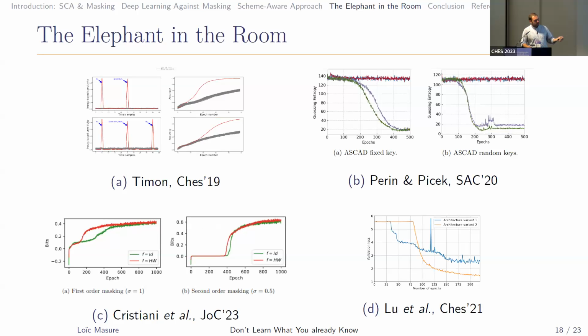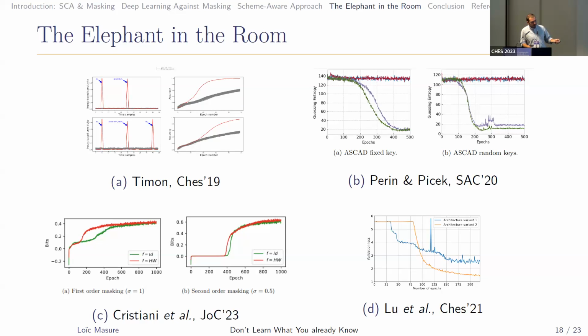So why? Well, let me show you some examples from the recent literature. You have here an extract from the nice paper of Timo at CHES 19, where he targets some first order leakage and here some second order. And what you can observe is that you have here a plateau, depending on the number of iterations on the x-axis, and a slightly longer plateau for the second order.